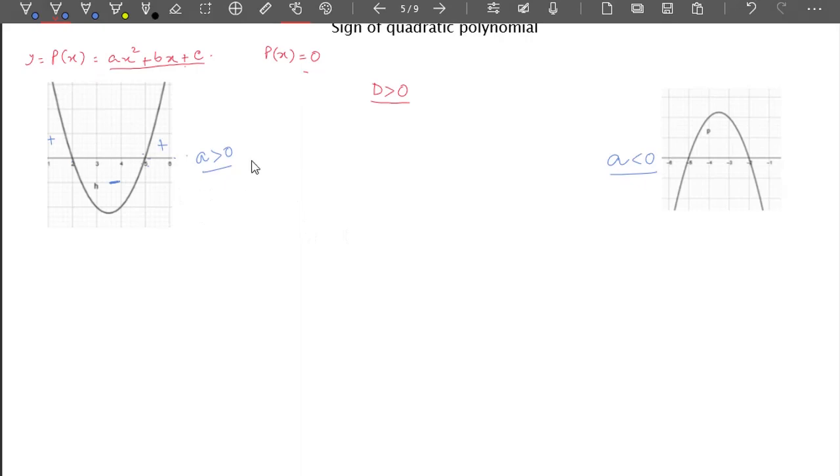When D greater than 0, a greater than 0, y takes positive sign at the rightmost interval, in the leftmost interval, and negative in between. This thing we can have with the help of sign scheme also. When D is greater than 0, it obeys the sign scheme.